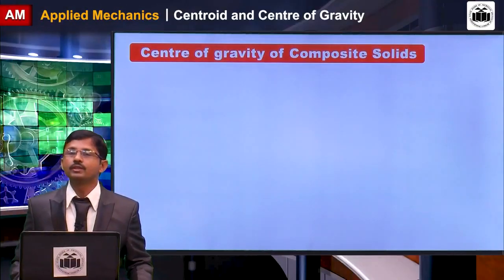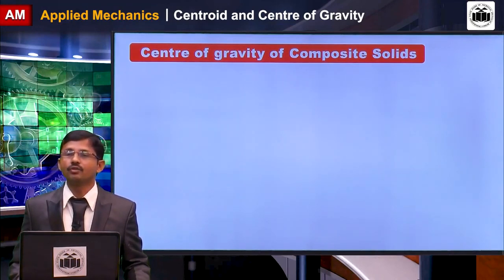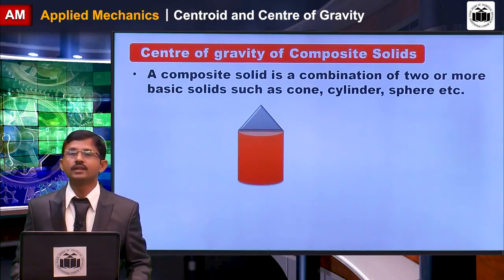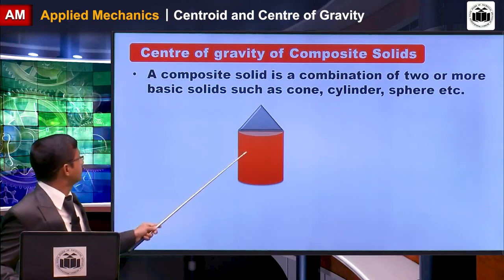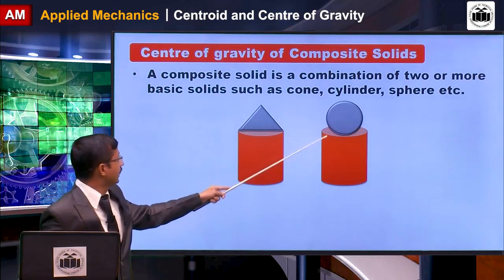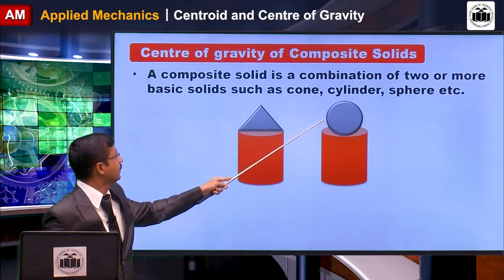So with the help of these simple solids, we can discuss the center of gravity for composite solids. A composite solid is a combination of two or more basic solids such as a cone, cylinder, sphere, etc. This is one composite solid having cylinder at the base and cone at the top, and this is second which is having cylinder at the base and sphere at the top.